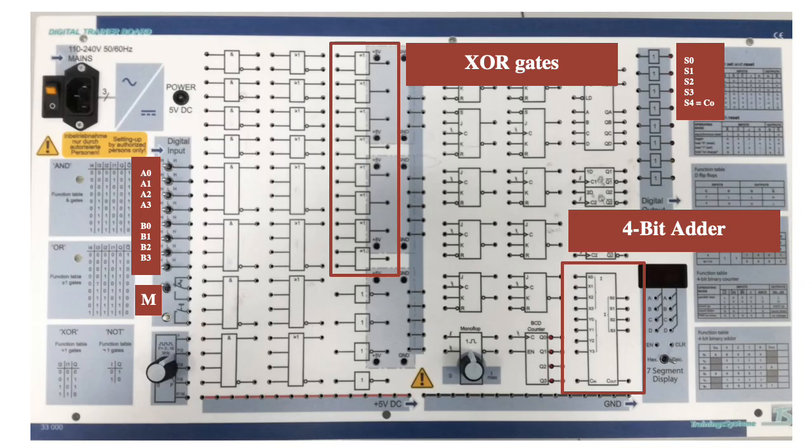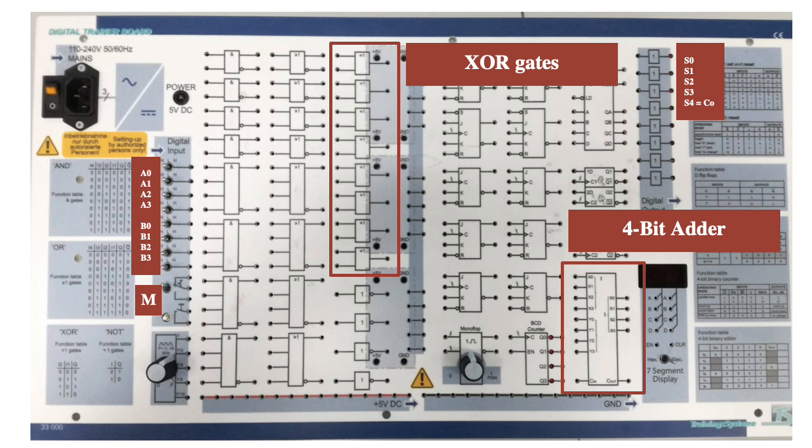Moving on to how to implement this on the training board, since you need 4 bits for A, 4 bits for B, and you have one additional input, which is M, that means you'll need a total of 9 switches. Remember, we'll use switches for inputs and LEDs for outputs.